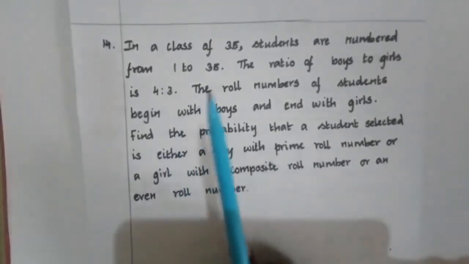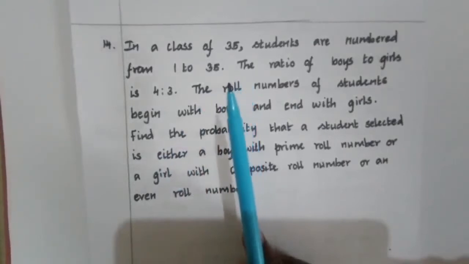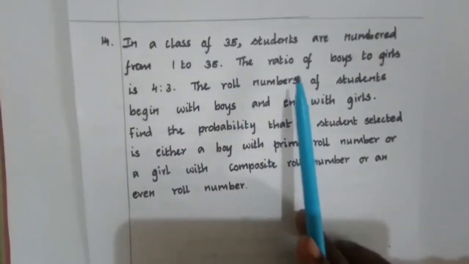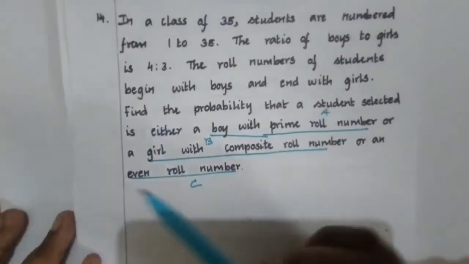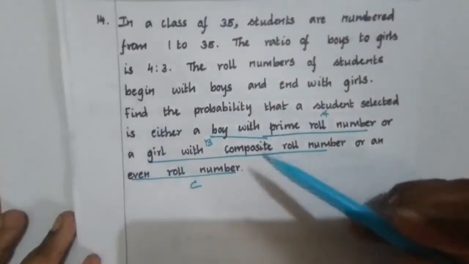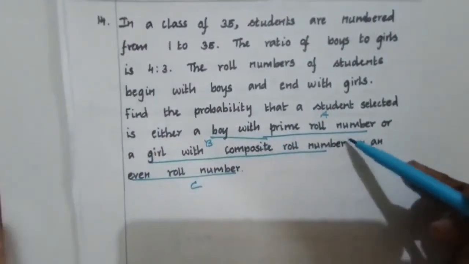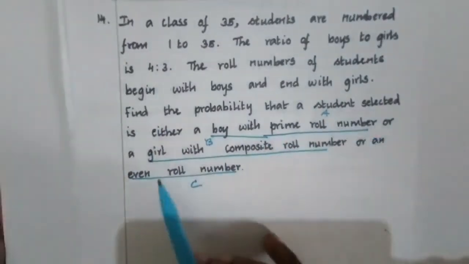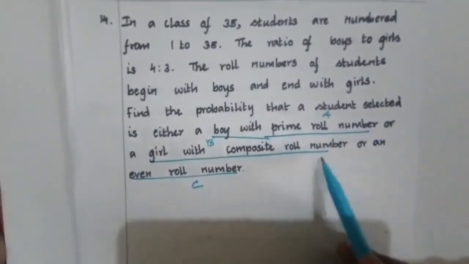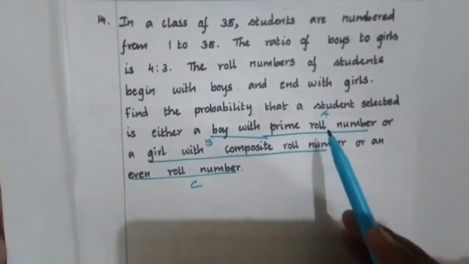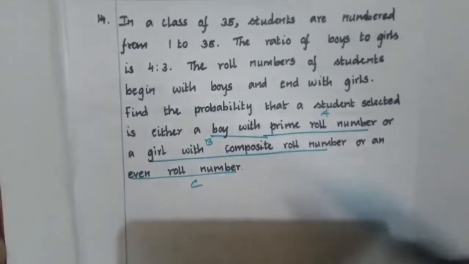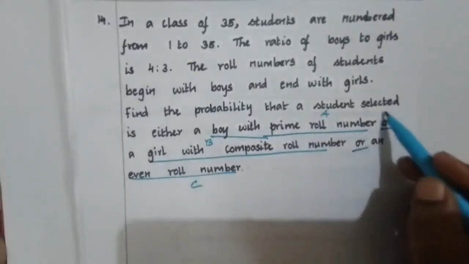In a class of 35 students, the ratio of boys and girls is given as 4:3. The 3 events are a boy with prime roll number, a girl with composite roll number and even roll number. So let us take these events as A, B and C, and this "or" stands for union.